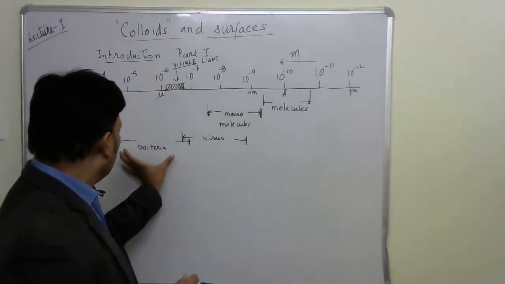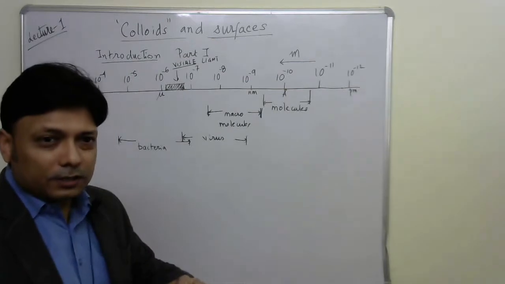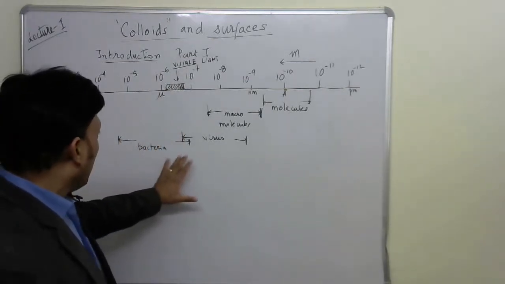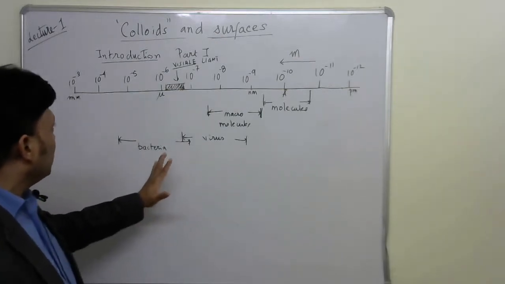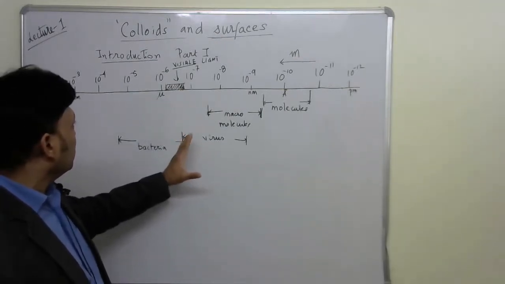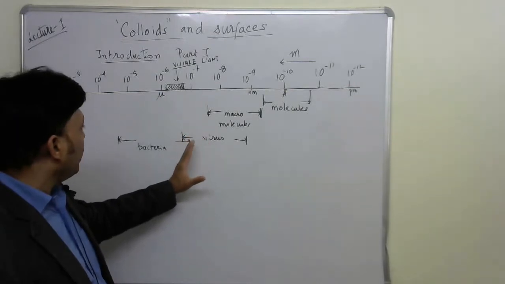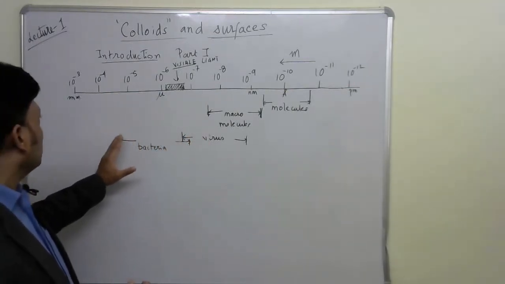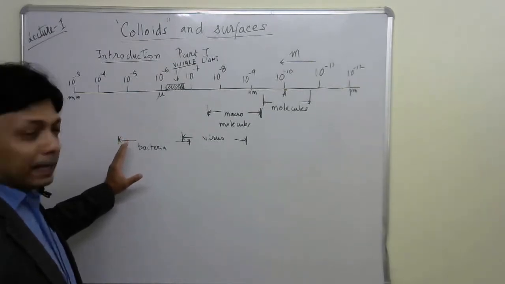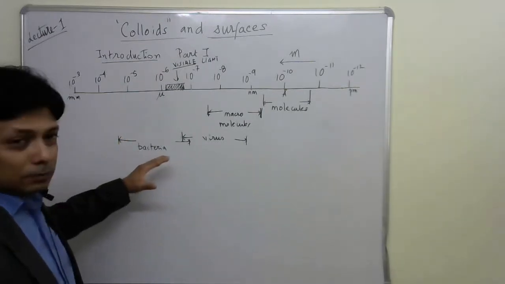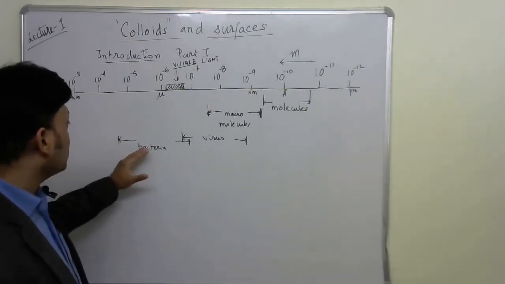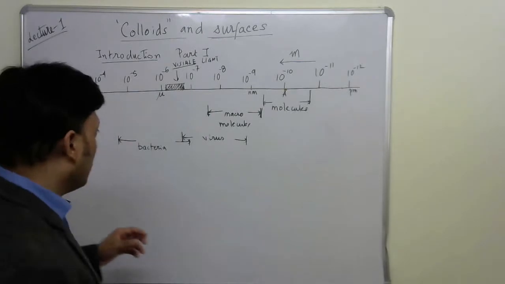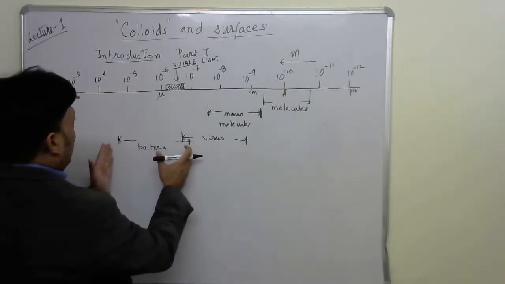The bacteria usually have an average size larger than virus, and they span from a few hundreds of nanometers on the lower side up to 10 micrometers, sometimes 40 to 50 micrometers, sometimes even larger, but on an average we can take this size range.